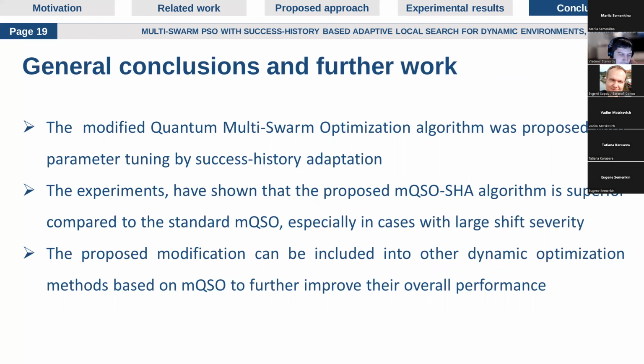As I forgot to mention, it was indicated in the talk at GECCO about dynamic optimization that the research on parameter adaptation in this area is actually very small. Different algorithms are proposed, but most of them don't have online parameter tuning. So this was our attempt to do something like this using approaches taken from differential evolution.